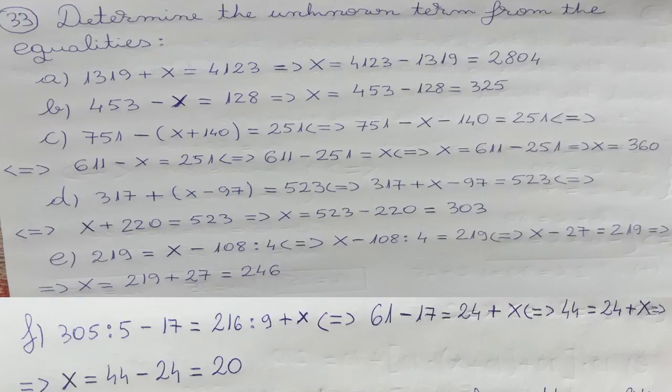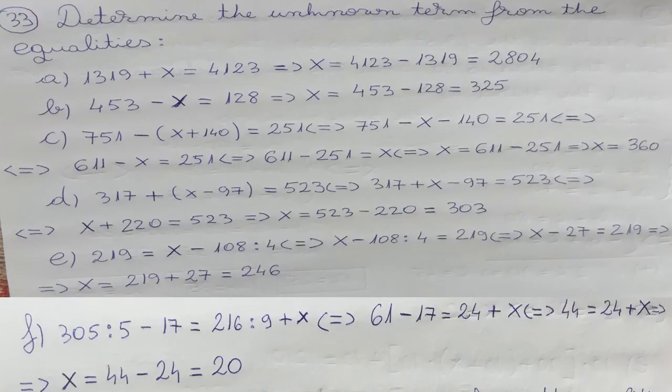E. 219 is equal to x minus 108 divided by 4. So we have x minus 108 divided by 4 is equal to 219. So we have x minus 27 equals 219.